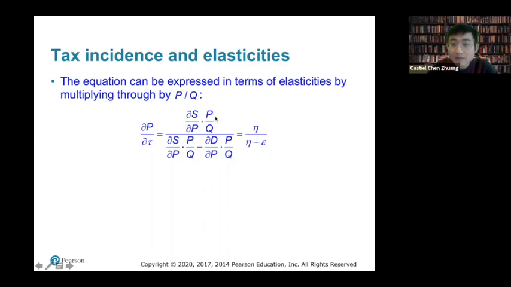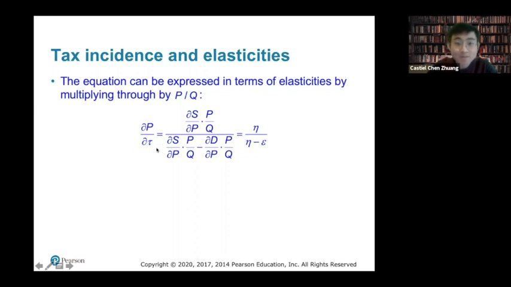You can multiply every term by p over q. And then actually they can cancel out, right? So it's the same. But by doing so, you get elasticity. By adding this term, you make the equation more complicated, but you are getting the elasticity. So if you know the elasticity already, just plug in the values of the elasticity to get the tax incidence right away.